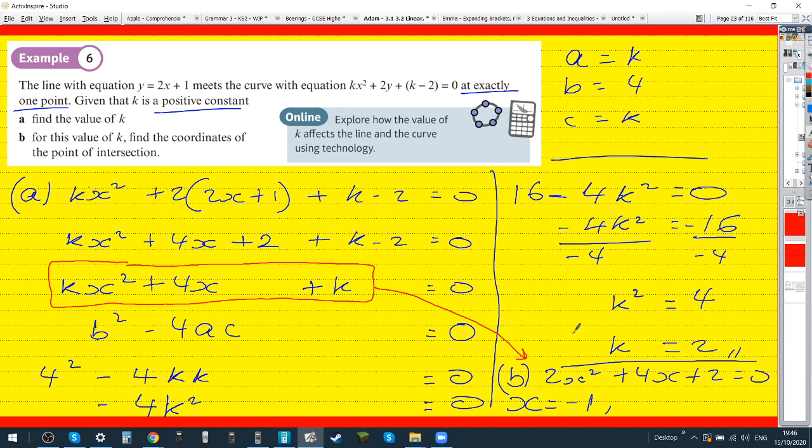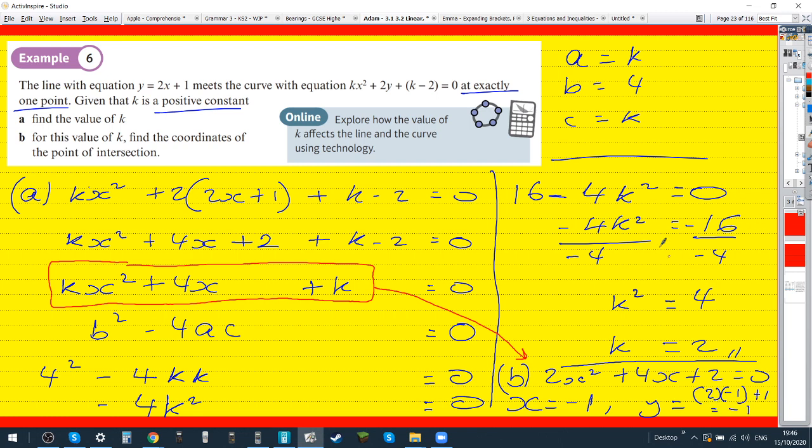What is y? Then we substitute it into y equals 2x plus 1, and you get y. So y equals 2 times minus 1, plus 1. So it'd be minus 2, add 1, which is minus 1.